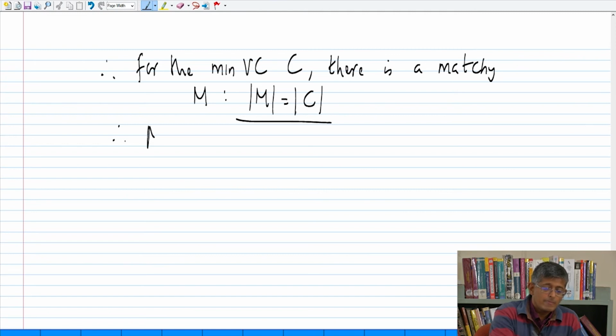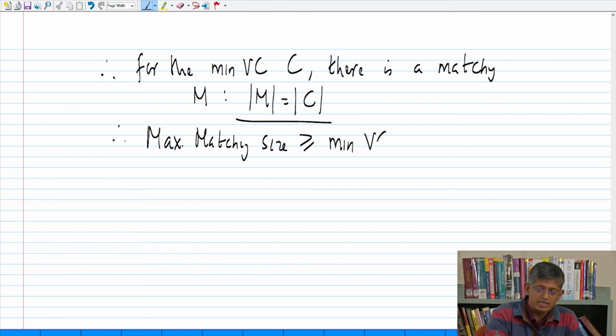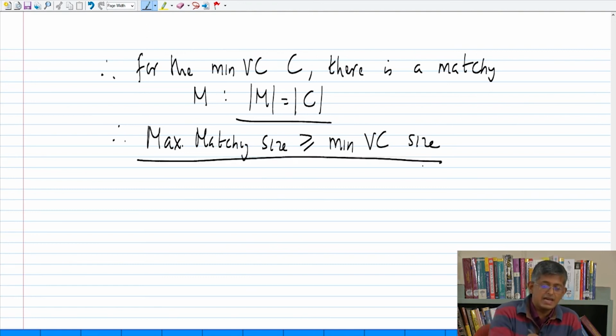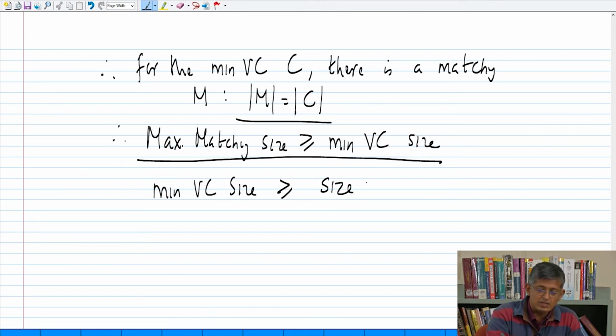Therefore, maximum matching size is greater than or equal to minimum vertex cover size. It is easy that minimum vertex cover size is at least the size of the maximum matching.